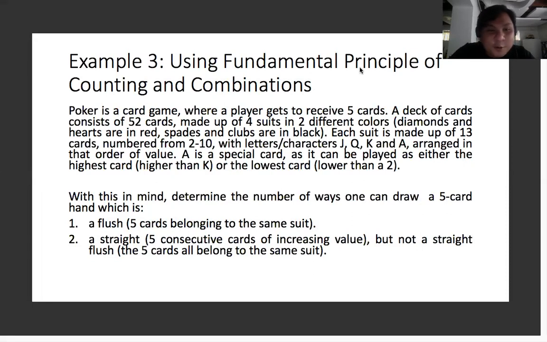Okay. So for those who are not aware, I'm going to try and find more information on how poker is played so that we can count the number of possible ways that you get a particular combination. Original poker is a 5-card game.